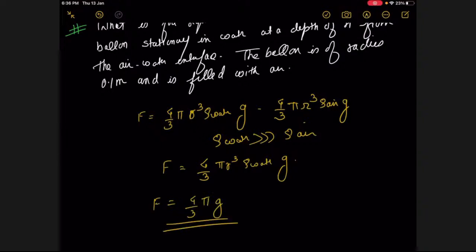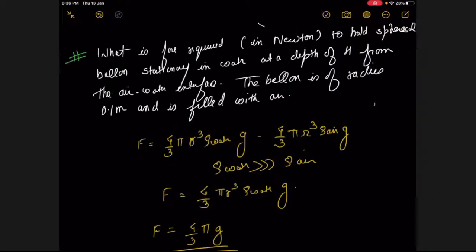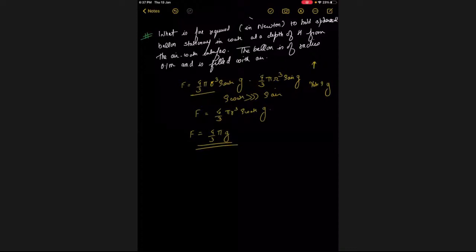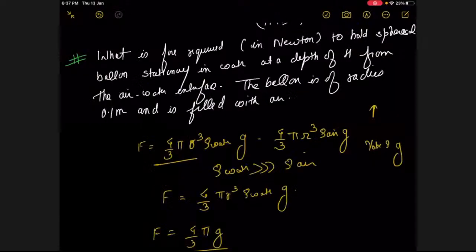So here basically the balloon will come upward. Which force is applying? You can say it is buoyancy. So what is buoyancy? Volume of object into density of fluid into gravity. So that is the same thing we have written here. Got it?